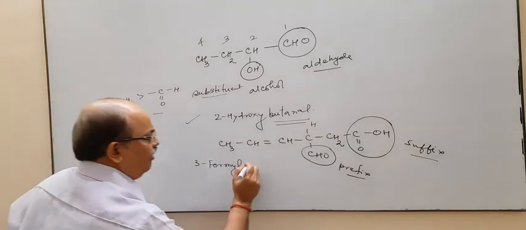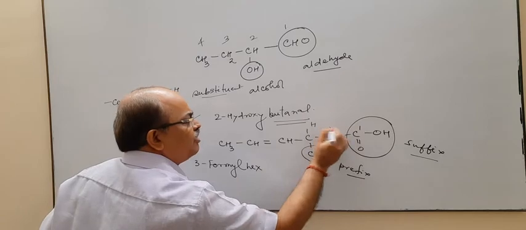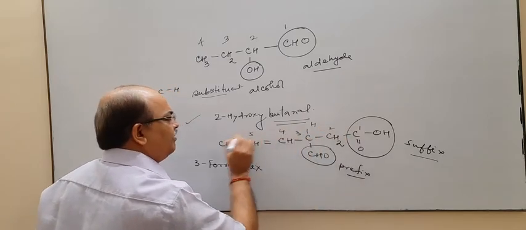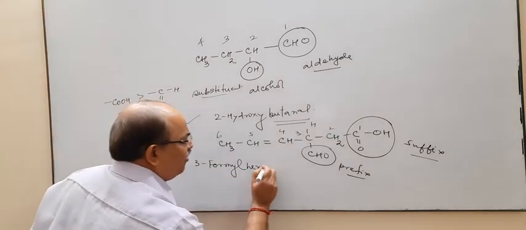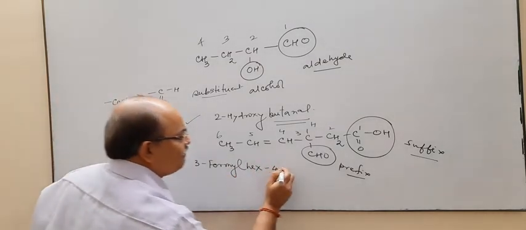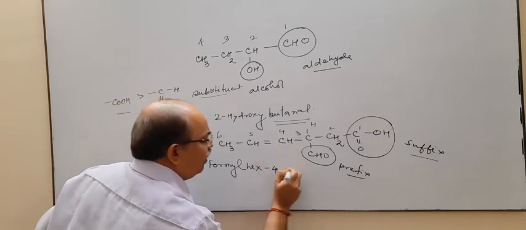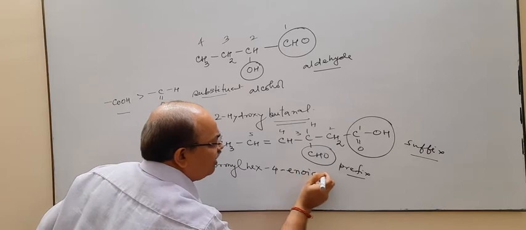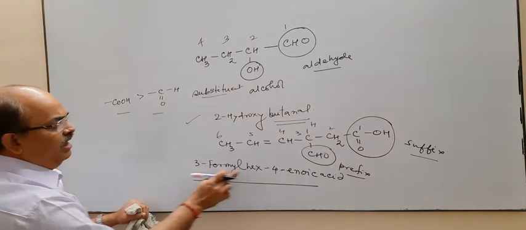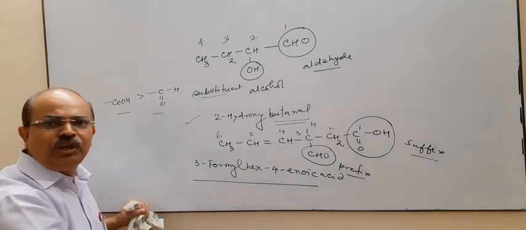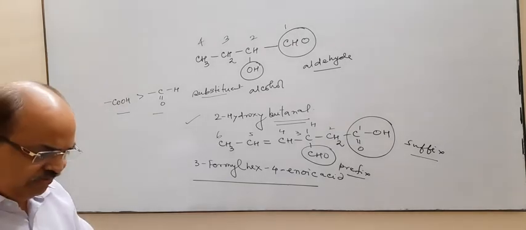So it is 3-formyl hex. Again, double bond between 4 and 5. So it is 3-formyl hex-4-enoic acid. So this is the IUPAC name of this compound.